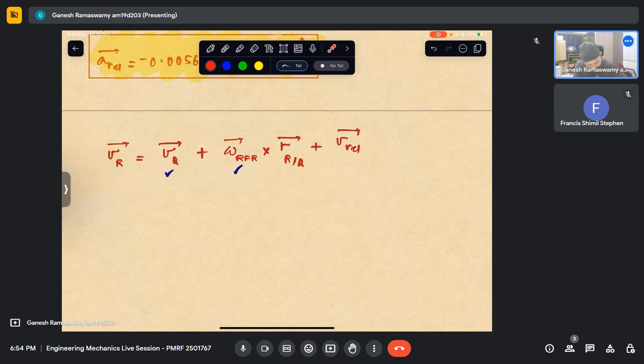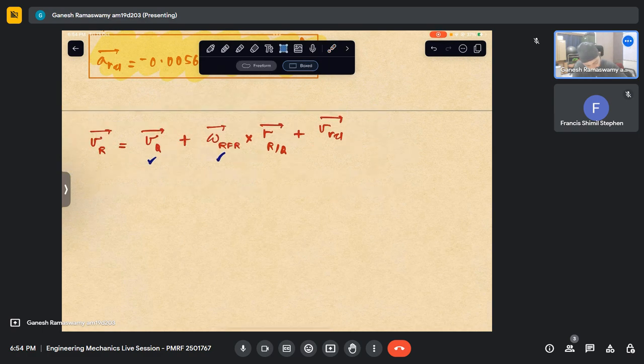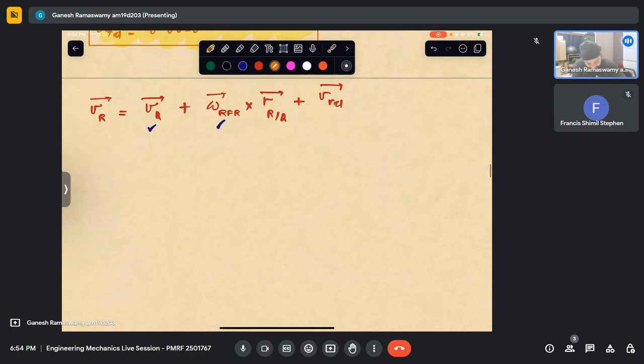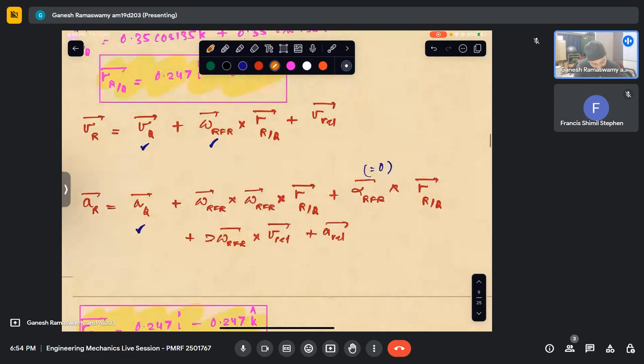Okay, so let us put everything together, substituting all quantities that we have calculated. So we get VR. First we need to substitute for VQ. Where did we find VQ? We found it here.